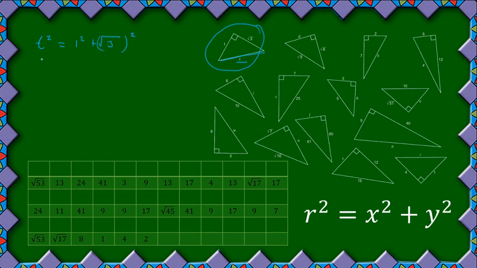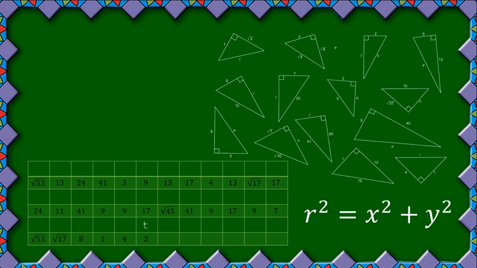So that means that t is equal to the square root. If I just simplify this, 1 squared is 1, and the square root and the square just cancels out, so that's plus 3. So this then gives me the square root of 4, which is equal to 2. So where do I see a 2? I see a 2 over here, so then I just put my t right over there.